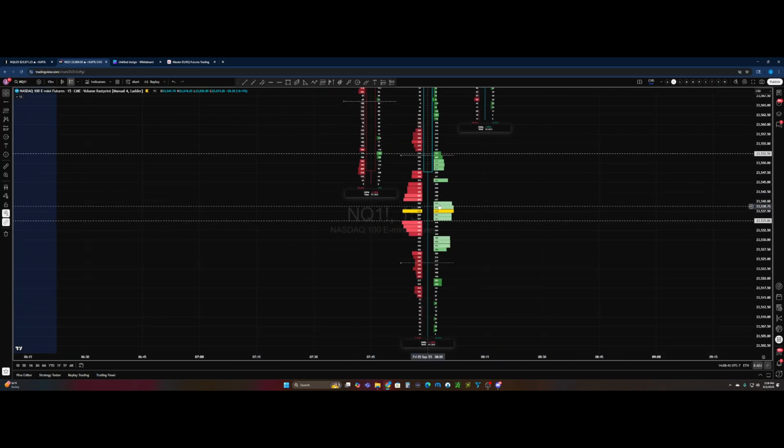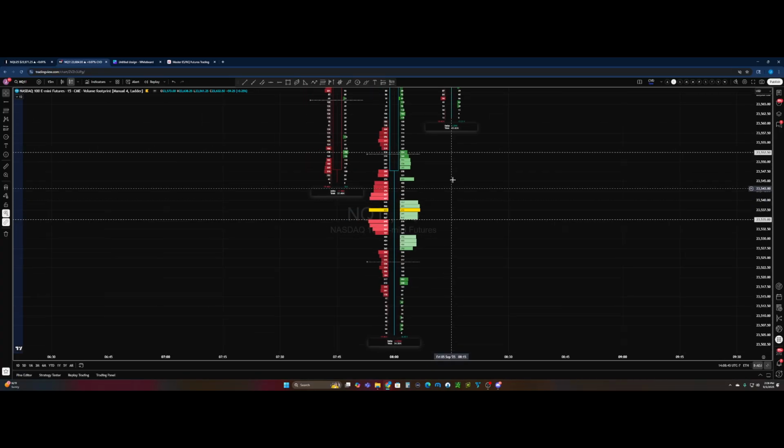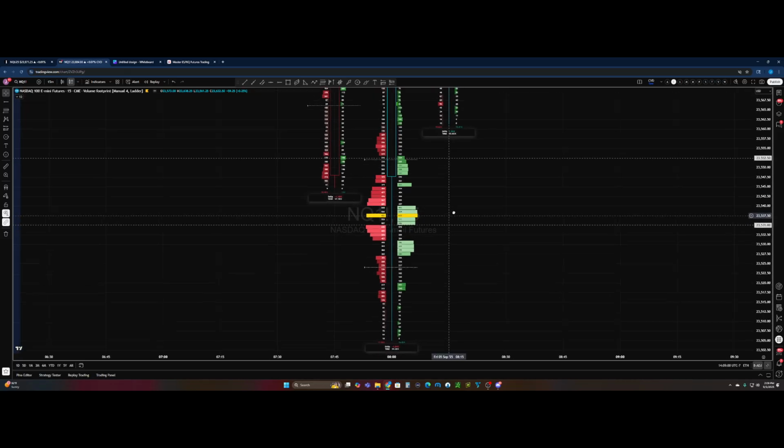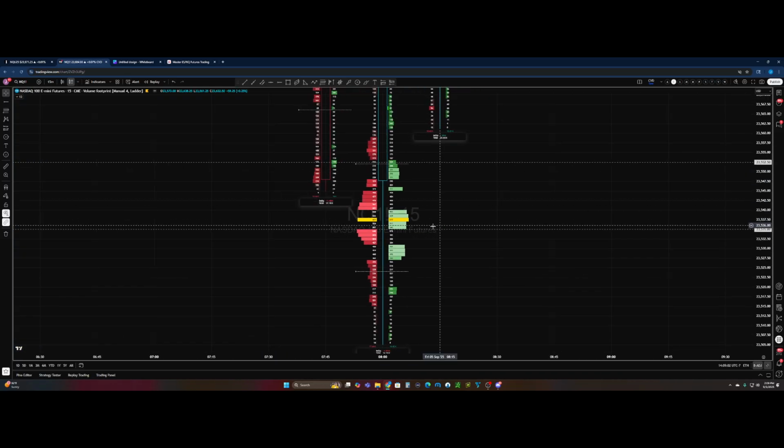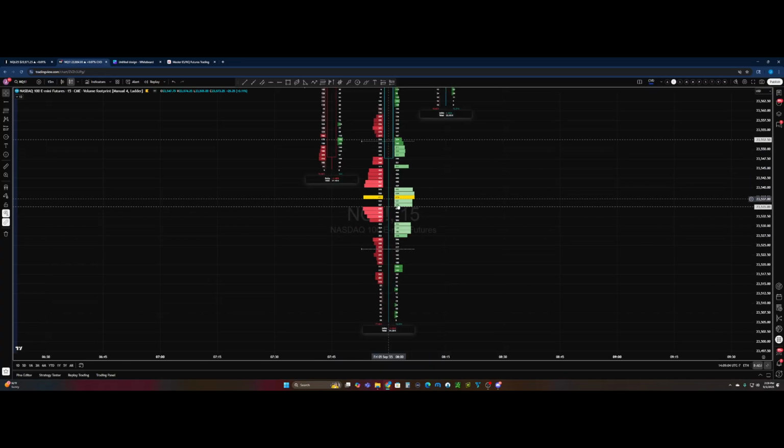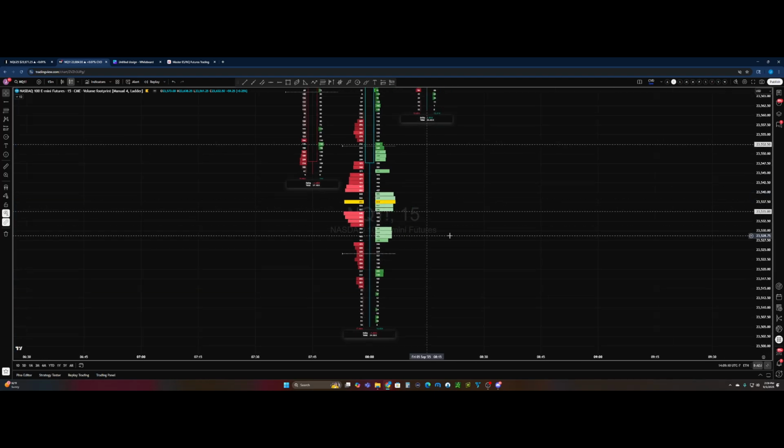We are going to focus on the POC, right? The POC of a candle. Now the POC of a candle, again, is the area where the highest amount of contracts were traded. And we are going to only focus on the POC in an area of interest, right?